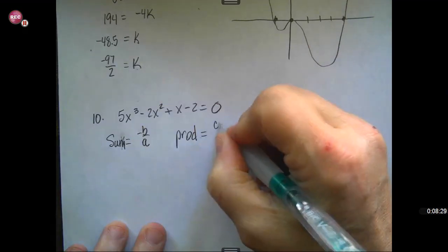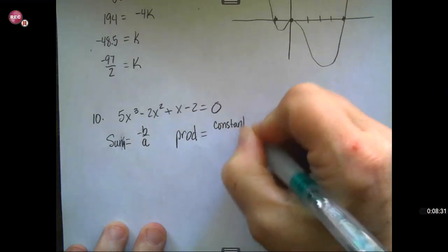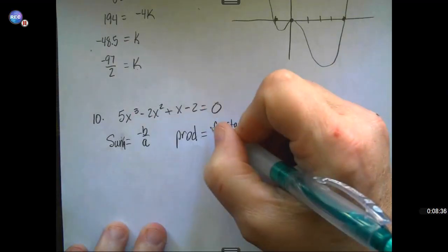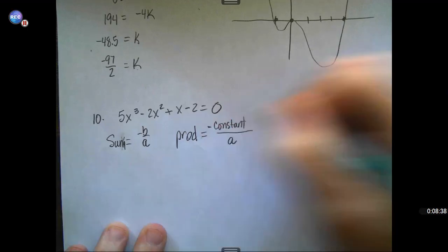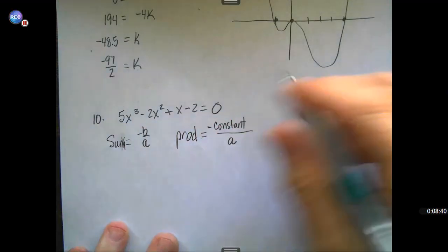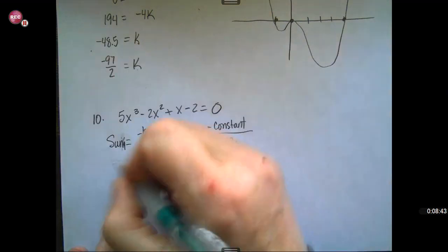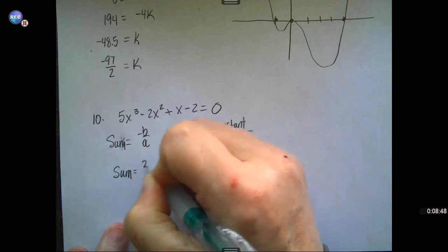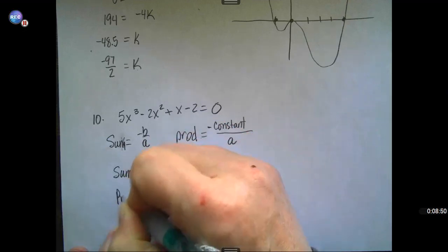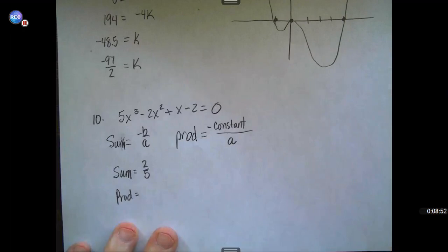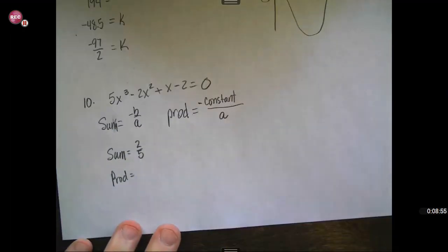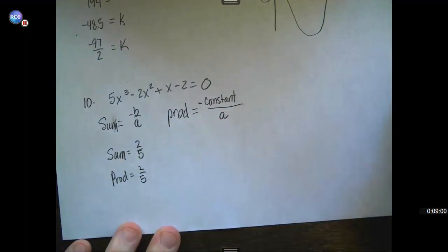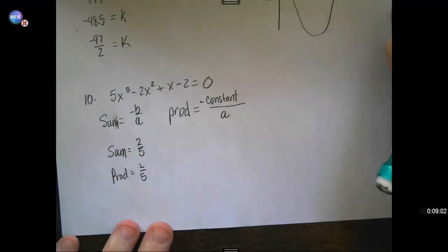It's the constant over a. And because this is an odd degree function, it's actually the opposite of the constant. And so the sum of the roots would be 2/5, and the product of the roots would be 2/5. That's interesting. So that's what we get for that.